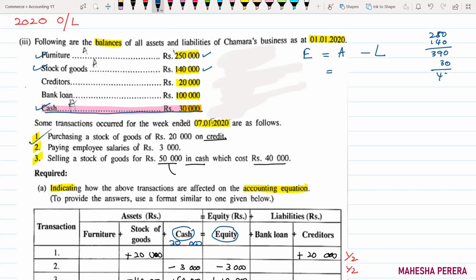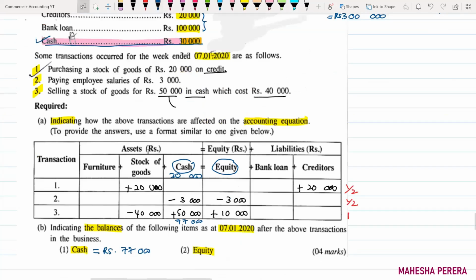So it should be 420,000, right? So 420,000 worth of assets. And what about the liabilities? These are the two liabilities. The creditors and the bank loan, 20,000 plus 100,000 means 120,000, right? So what's the difference? It's 300,000, right? So the opening balance of equity is 300,000, right?